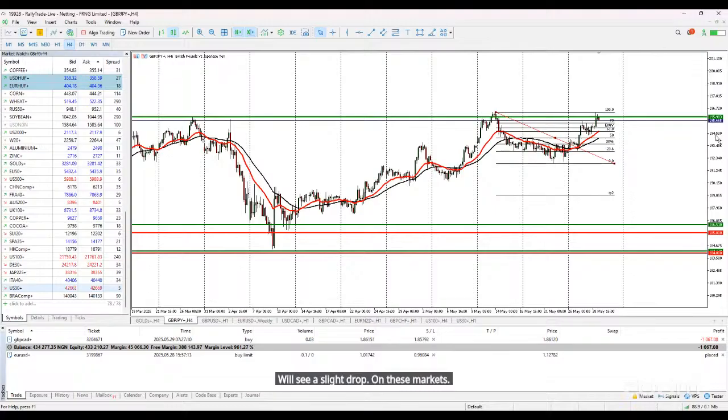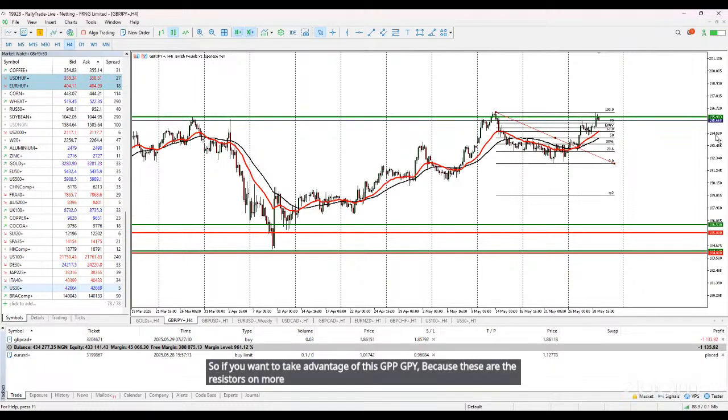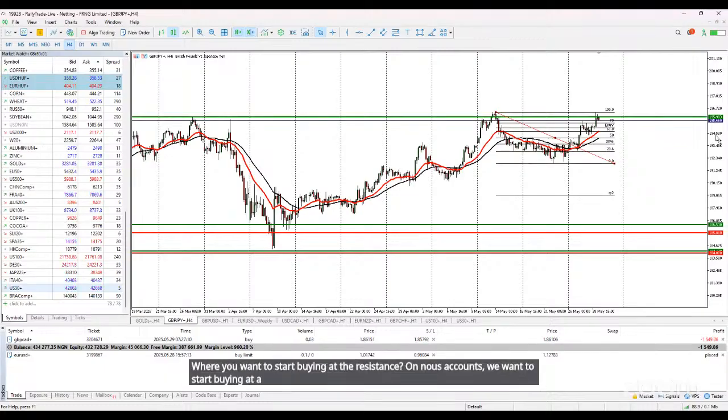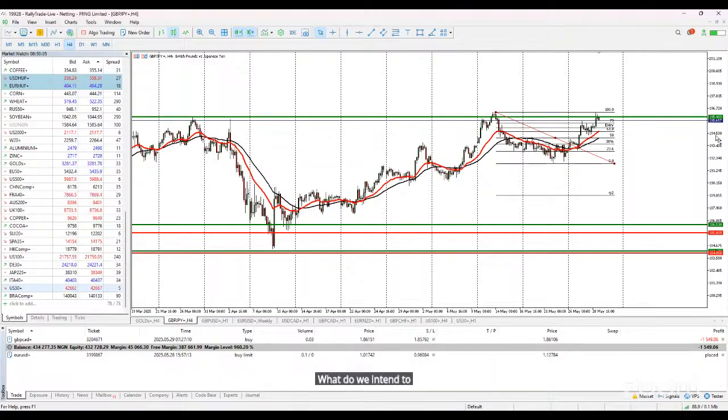So if you want to take advantage of this GBPJPY, because it's at the resistance, on no account do you want to start buying at the resistance.